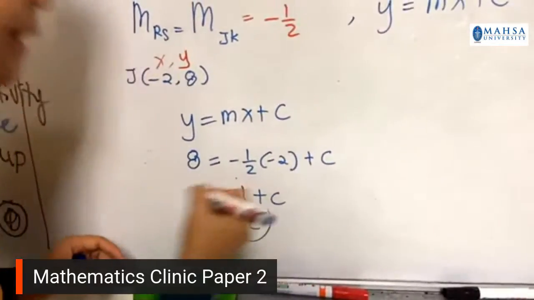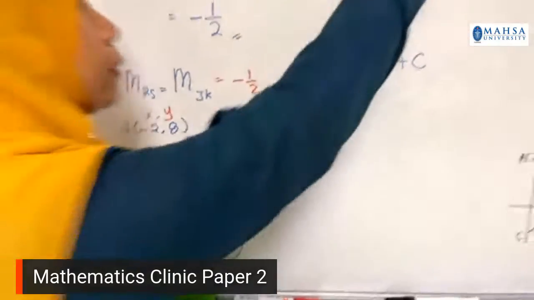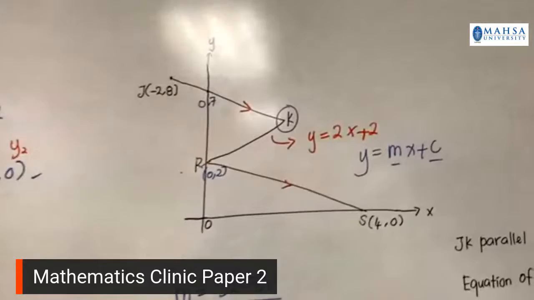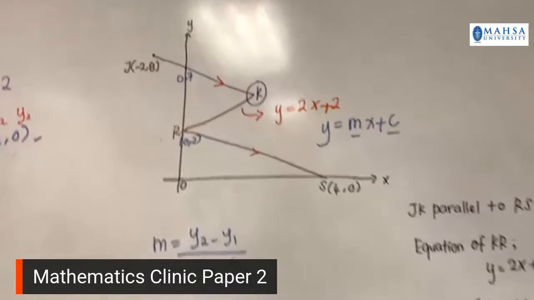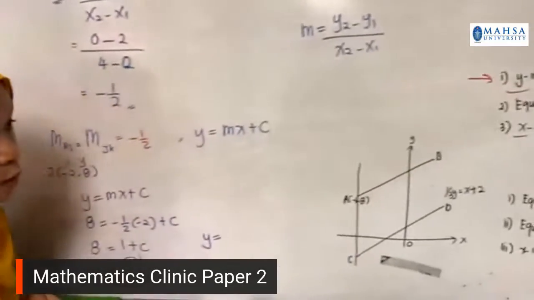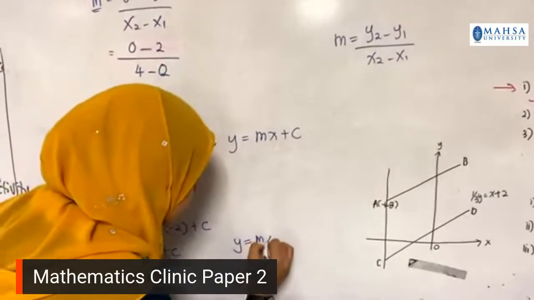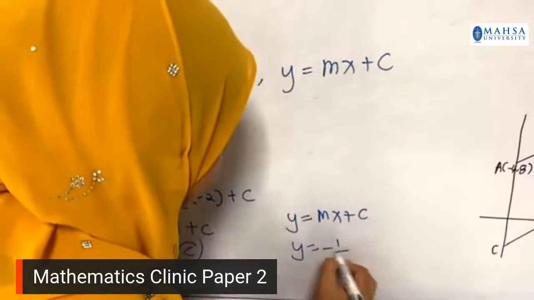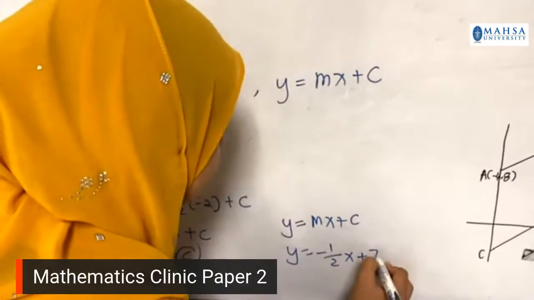Meaning that the y-intercept is equal to 7, we refer to this one. This one is 0, 7. So the equation of JK is, okay, the final answer, y equal to mx plus c, so y equal to negative 1 over 2 x plus 7.